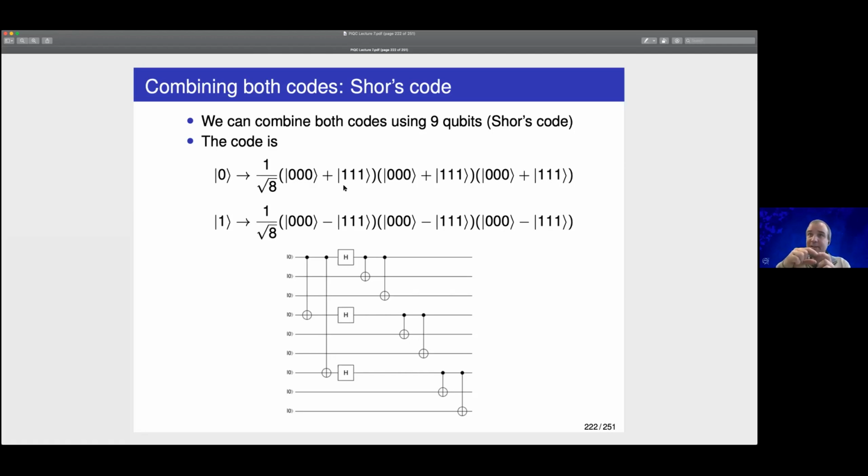So what we do basically here is to first use one of the codes, and then with the physical qubits that we are using, the 3 physical qubits that we are using to implement our code, we use the other code, okay? So here you see that this first part is exactly the coding that we use to protect against phase inversion. And then in each of these parts, we use the code that protects against the qubit flip, okay?